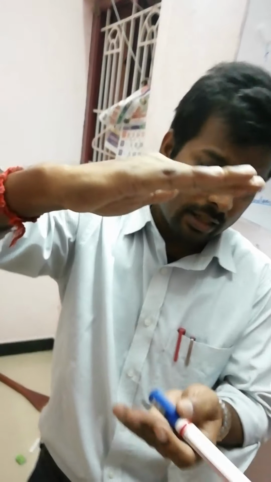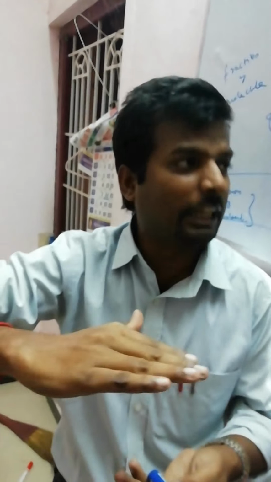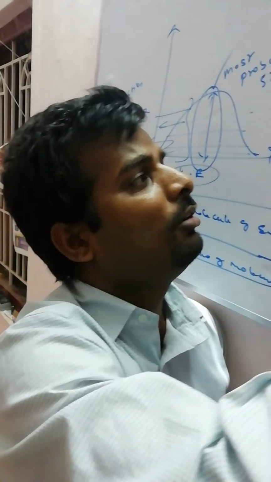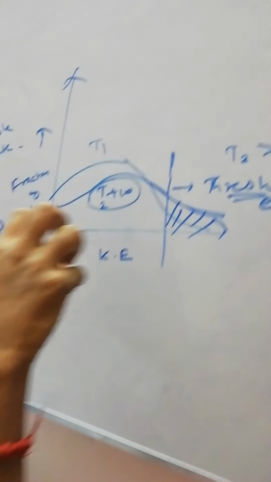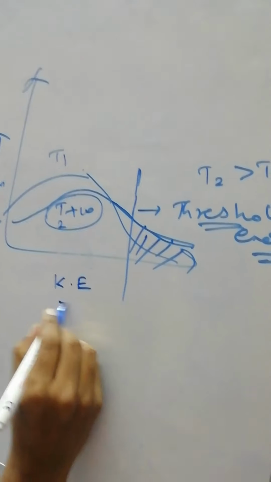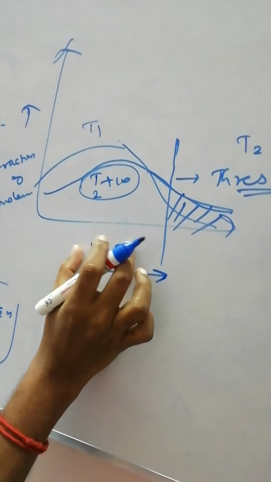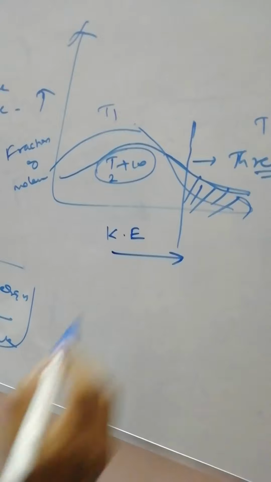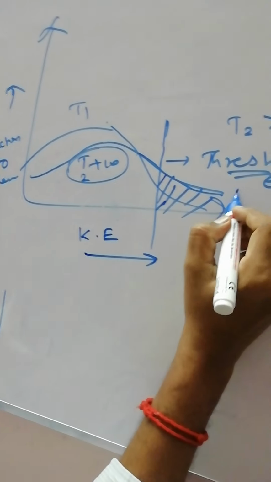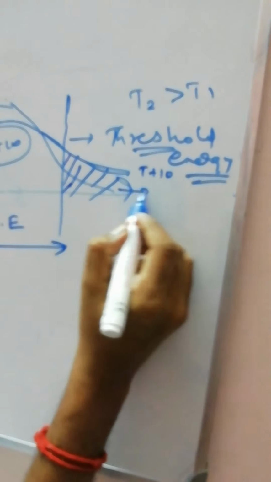If the temperature increases, the height of the intermediate complex barrier decreases, and the particle easily jumps. Like that, if you increase the temperature, kinetic energy also increases, more molecules undergo collision and form product. So this is T plus 10, this is T.